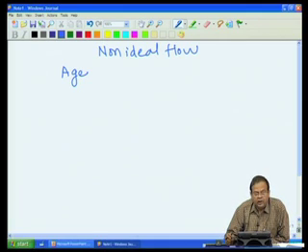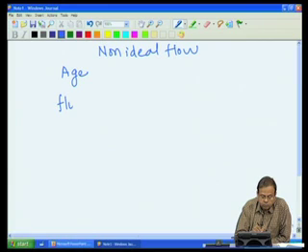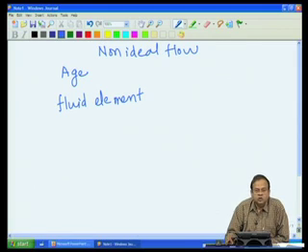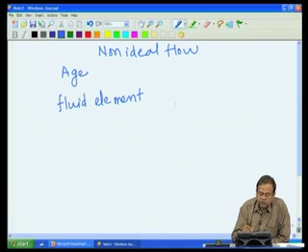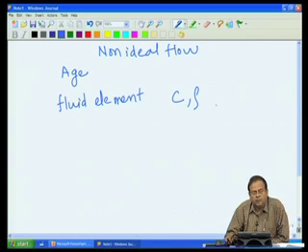Again, fluid element is a small volume, small in relation to the size of the reactor, but large enough so that we can define the properties in a continuum domain such as concentration, density and so on.